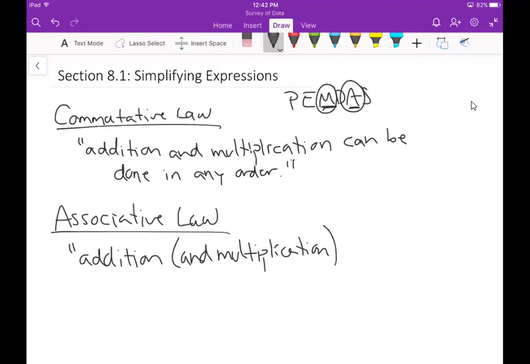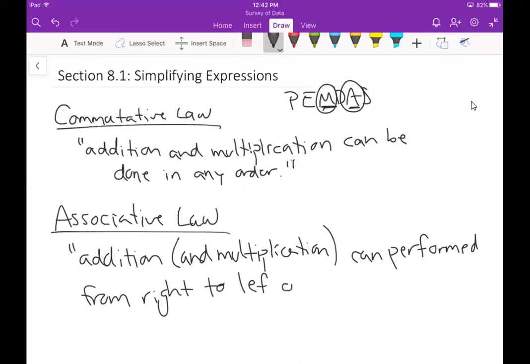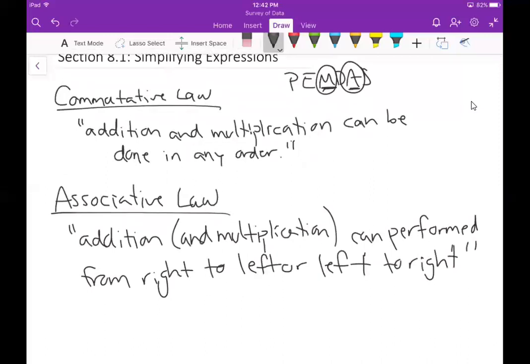Addition and multiplication can be performed from right to left or left to right. Just because we see one on the left first doesn't mean we can't do the right one and then come back to the left one.